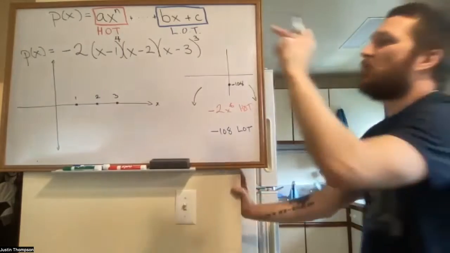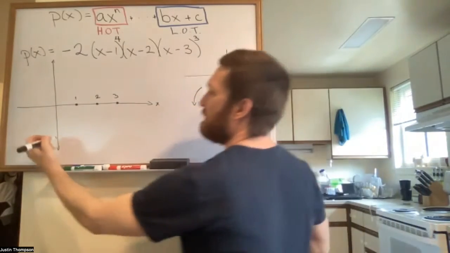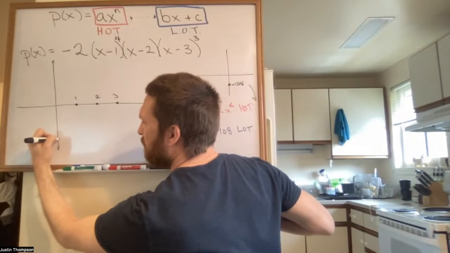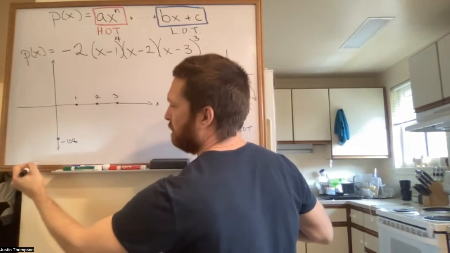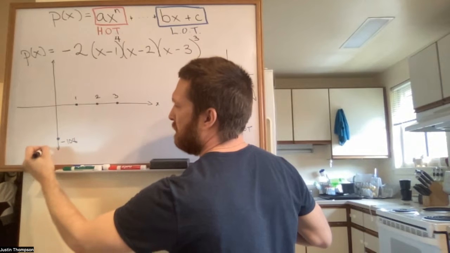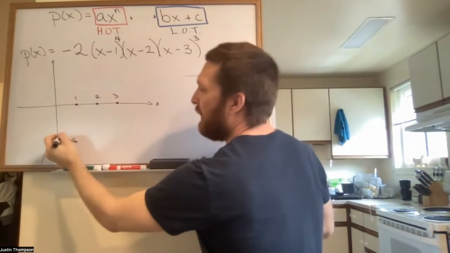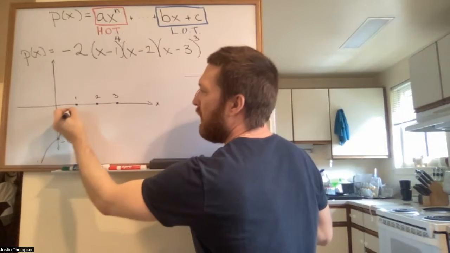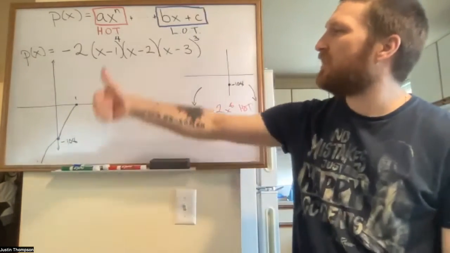Okay, so starting from the far left, he comes up from -infinity and hits -108. So there's -108. That looks terrible. And he's going to come up and touch 1. And the question is, does he bounce back down or does he go through?